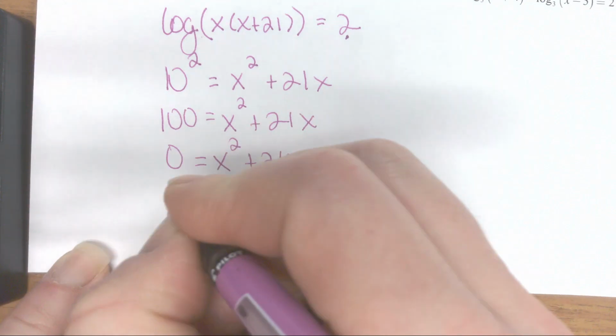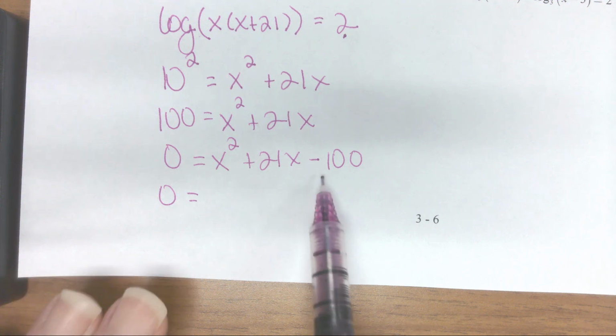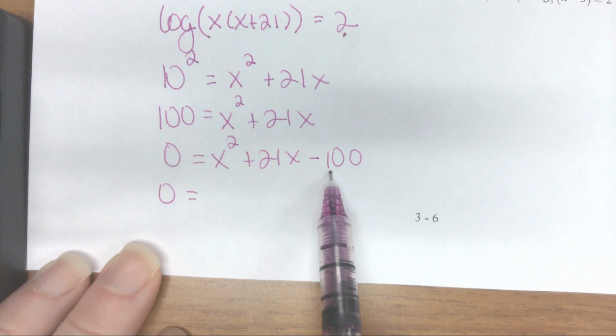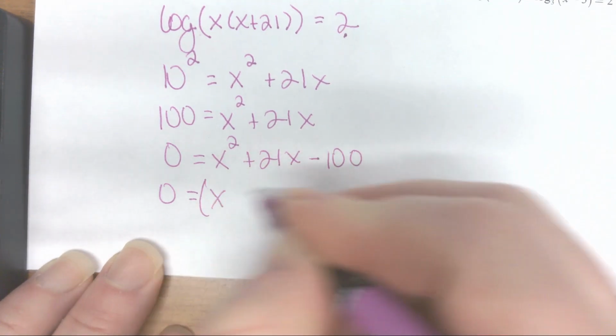Well, if you were like me, I had a double check. If you had a double check like me, you can always run it through the quadratic formula, okay? But you are right. Negative 100, because it's negative, it would have to be a plus and a minus.